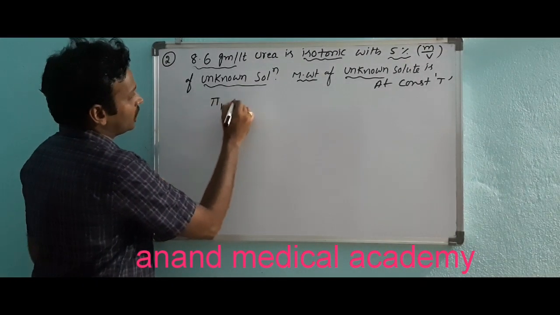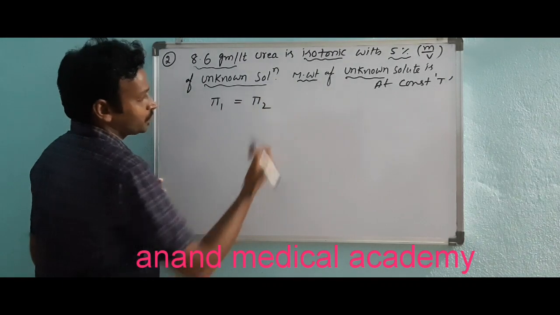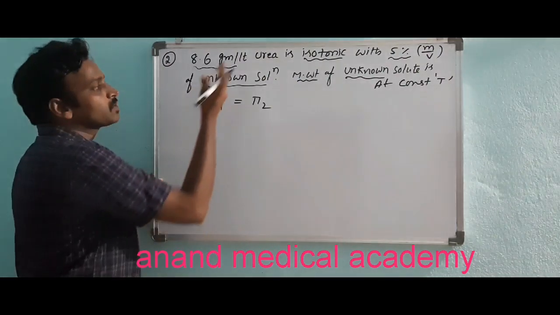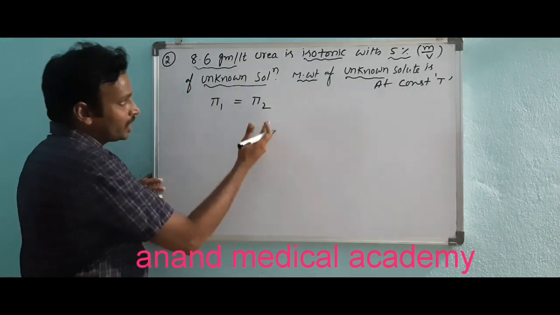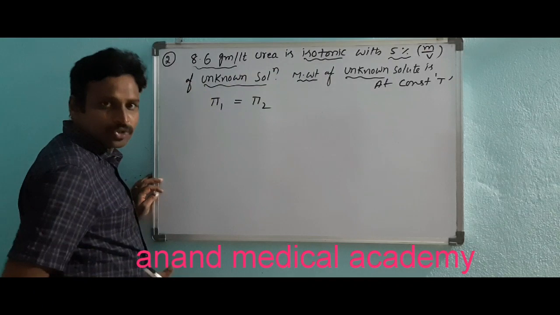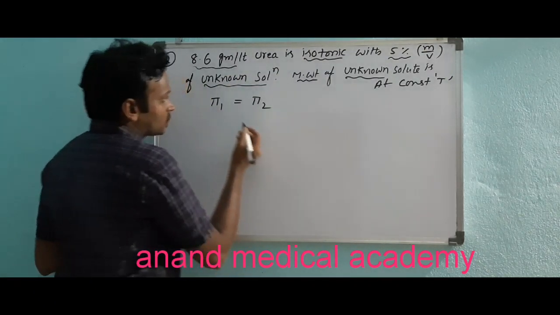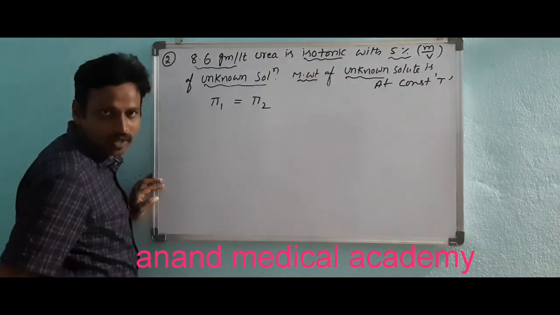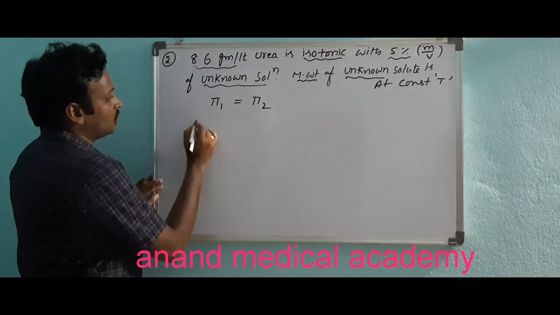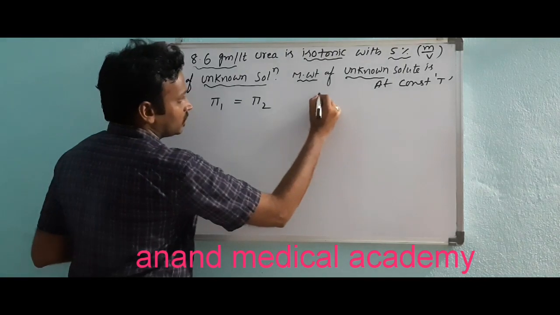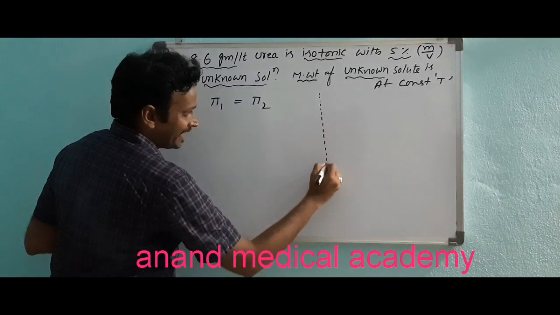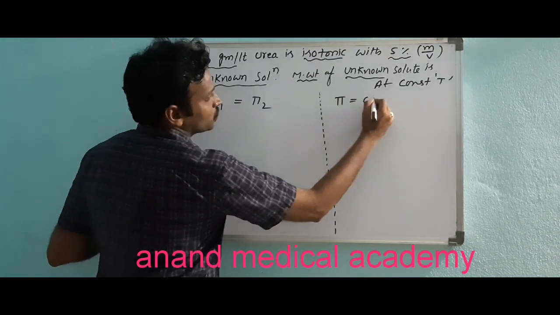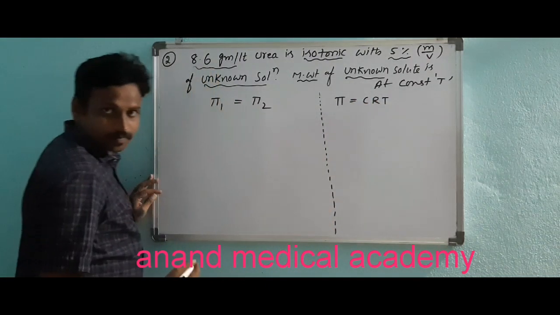So pi 1 is equal to pi 2. Pi 1 is who? Osmotic pressure of urea. Pi 2 is the unknown solution osmotic pressure. So pi 1 is equal to pi 2 because the two solutions are isotonic. Okay. So what is the osmotic pressure formula? Like the ideal gas equation, we have pi is equal to CRT.